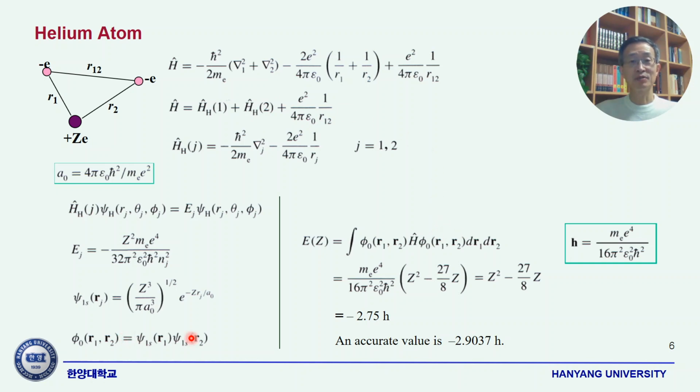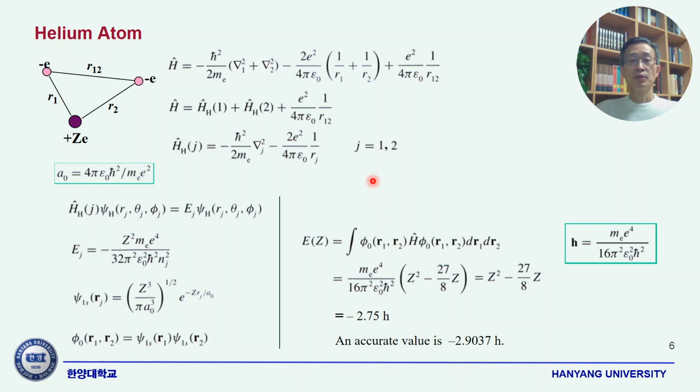Then one part operates only on psi 1, the other only on psi 2, and that will give you just this number, the same number. So that is just about twice this one. And actually there is a negative sign, I think.